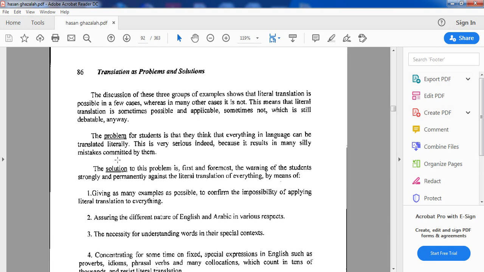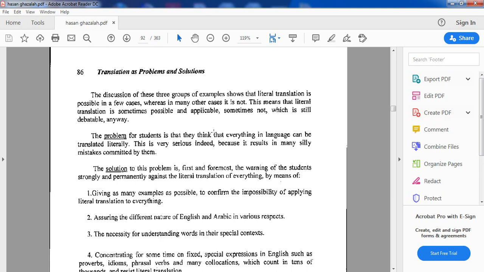So what is the problem? The problem for students is that they think that everything in language can be translated literally, and this is a big problem. If you think that all expressions, all sentences, all proverbs, all idiomatic expressions, all forms of some difficult grammatical structures can be translated literally, you are wrong. So we have to be very careful. This is very serious indeed.